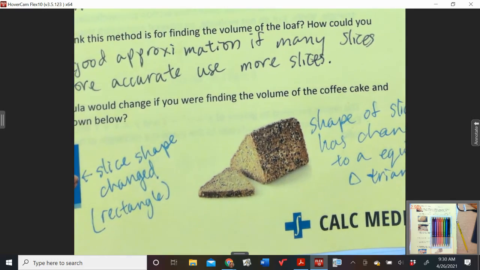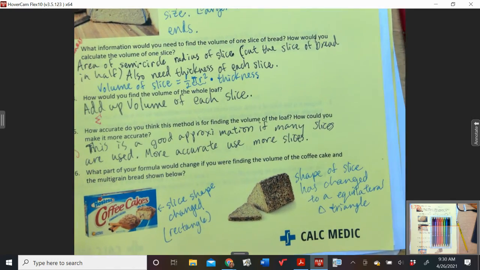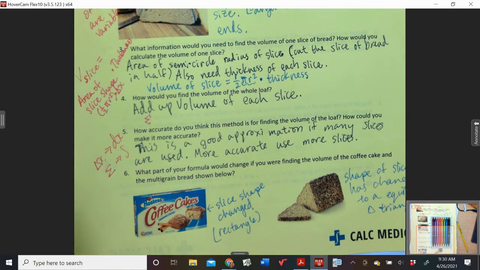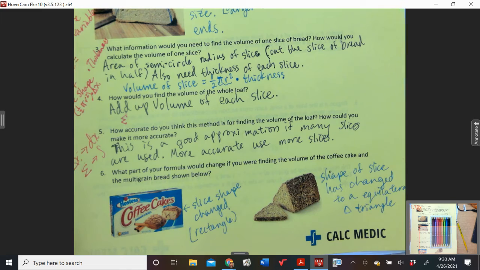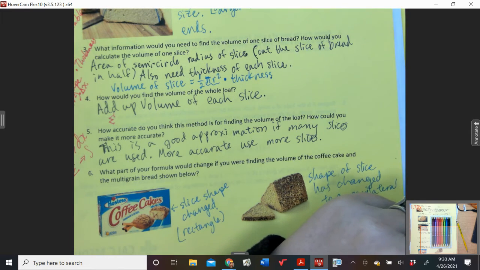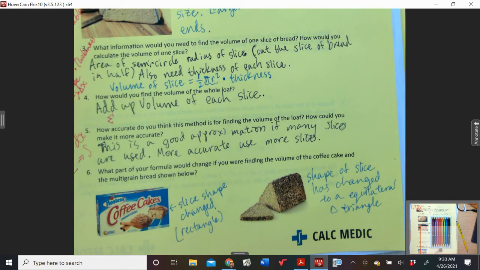As we deal with cross sections, we might have semicircle cross sections, rectangular cross sections, triangular cross sections, hexagonal cross sections, lots of different choices, but basically some geometric shape.